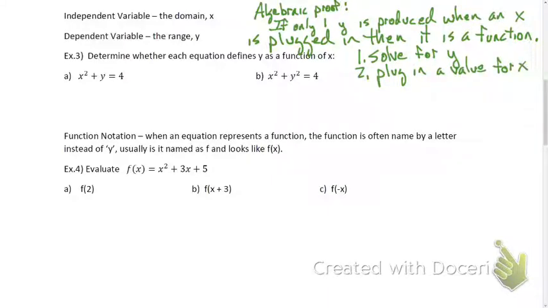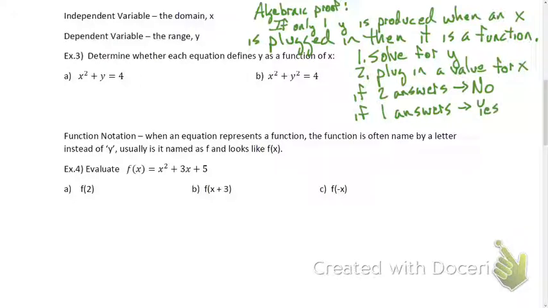If you get two answers, it's a no. If you get one answer, it's a yes. If two answers, two y's. If one answer, one y, then it's a yes.